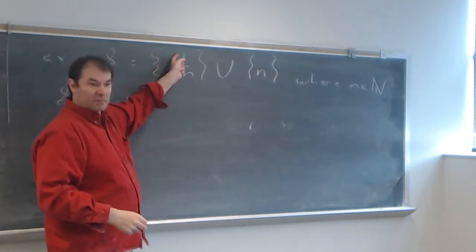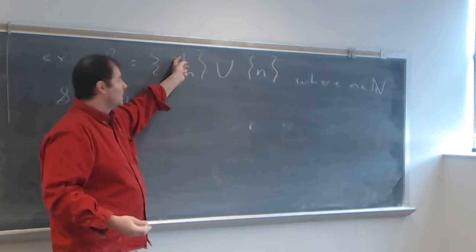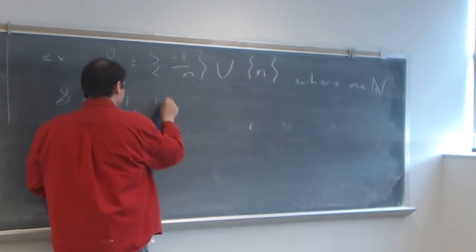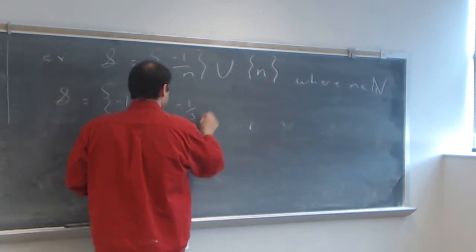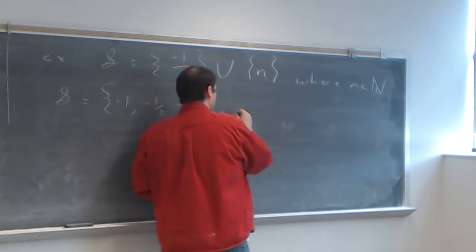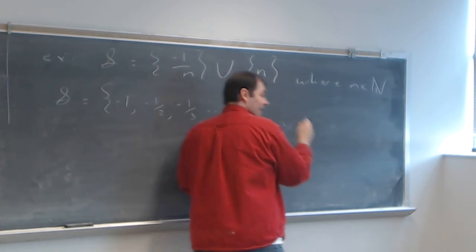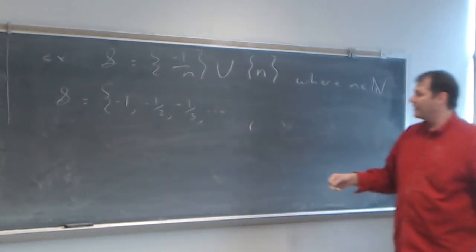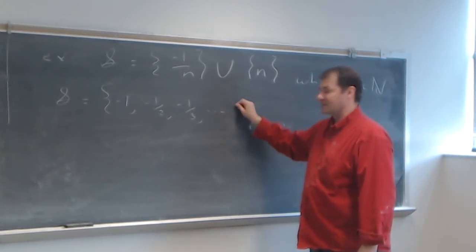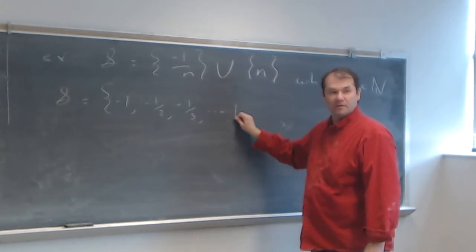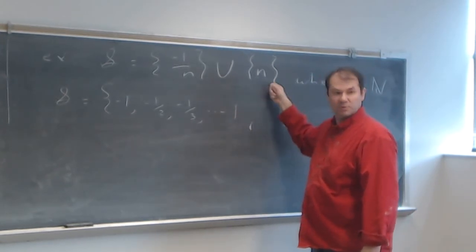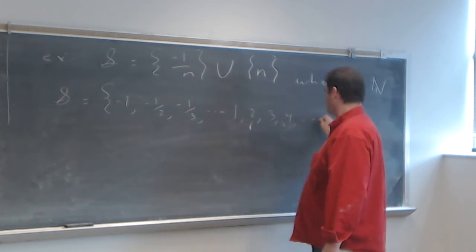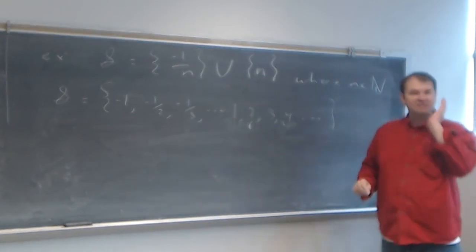Then another number in here is -1 over 2, that's -1/2, then -1/3, with n going on forever. 1 over a billion, you keep going, and eventually you get real close to 0, but you don't get there. Then you move on to these, which are 1, 2, 3, 4, forever. That's what script S looks like.